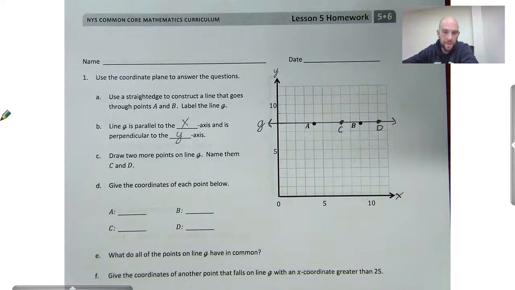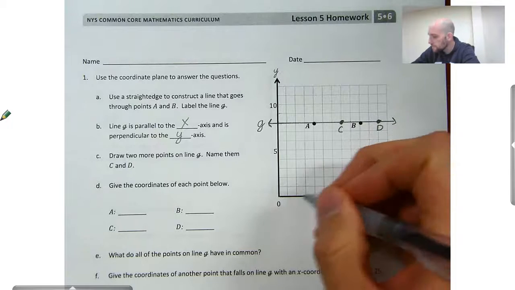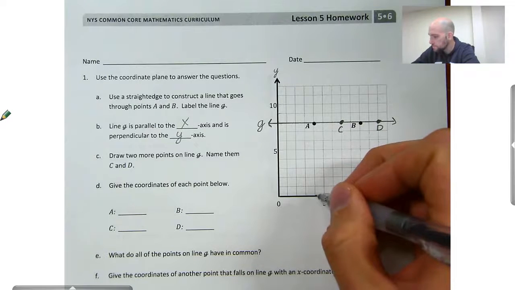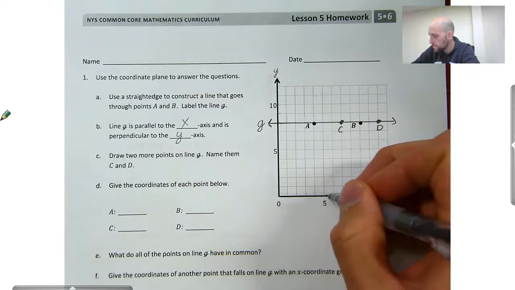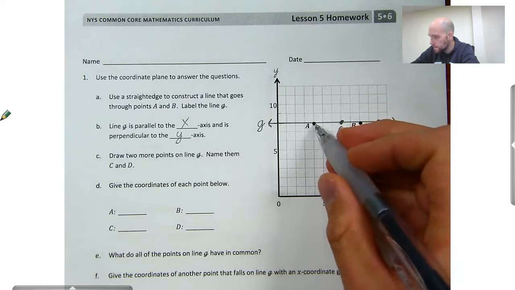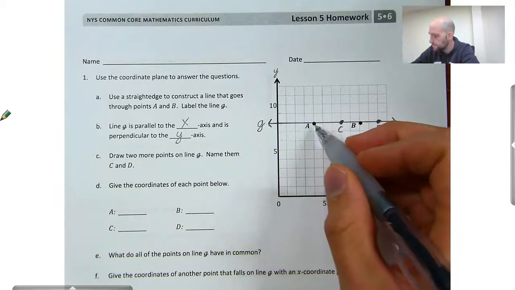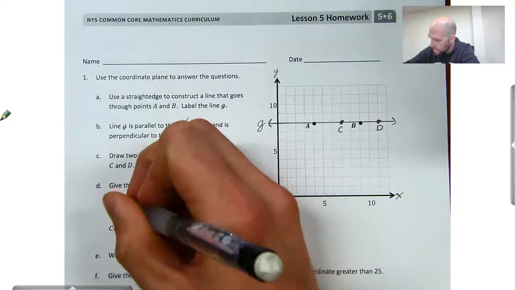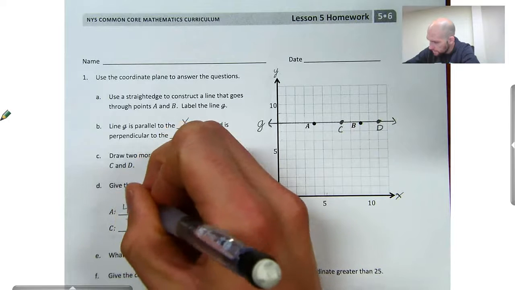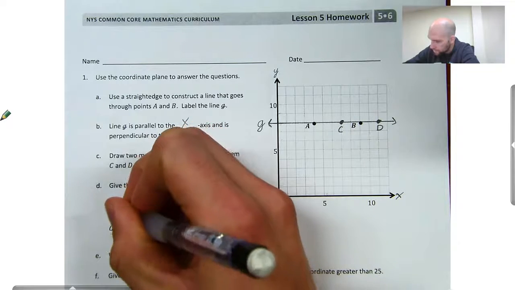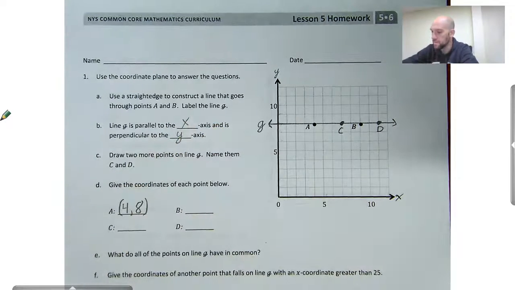So we have A, B, C, and D now. For A, our x value is 1 less than 5, so that'll be 4. Counting 5, 6, 7, 8, it'll be 4, comma 8. Our x coordinate is 4, and our y coordinate is 8.